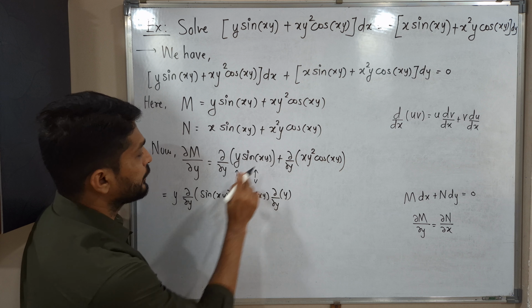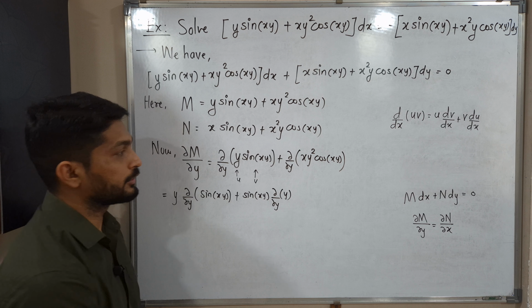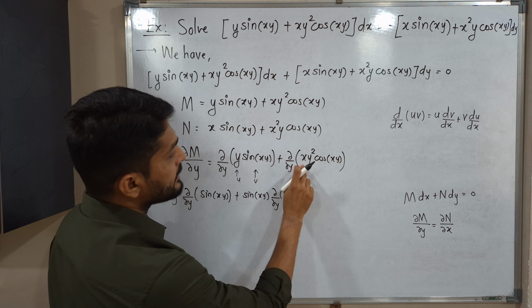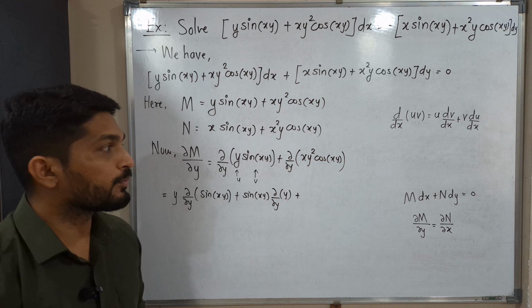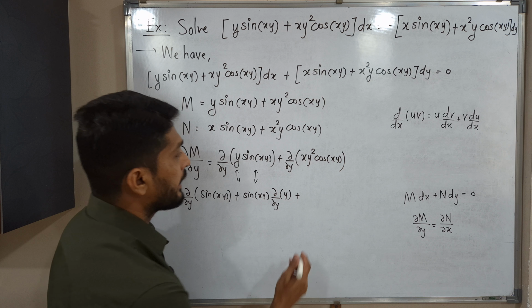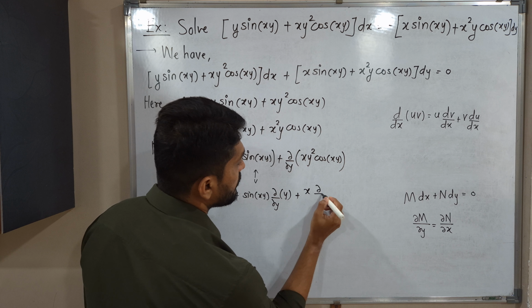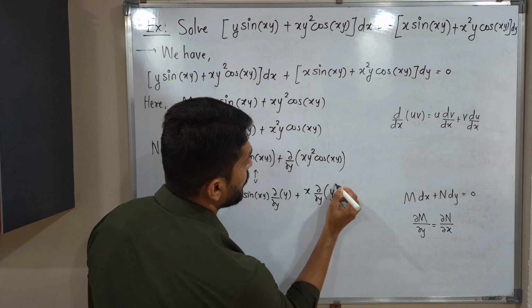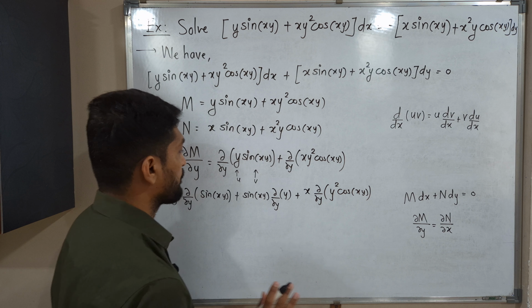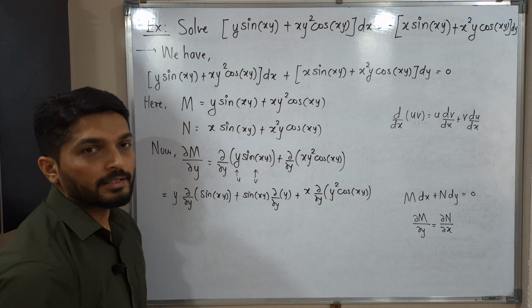In the second case, x is constant, so you can take it outside, since when you take the partial derivative with respect to y, x is constant. So x times the derivative of y square cos xy. In the next step I will find this derivative.